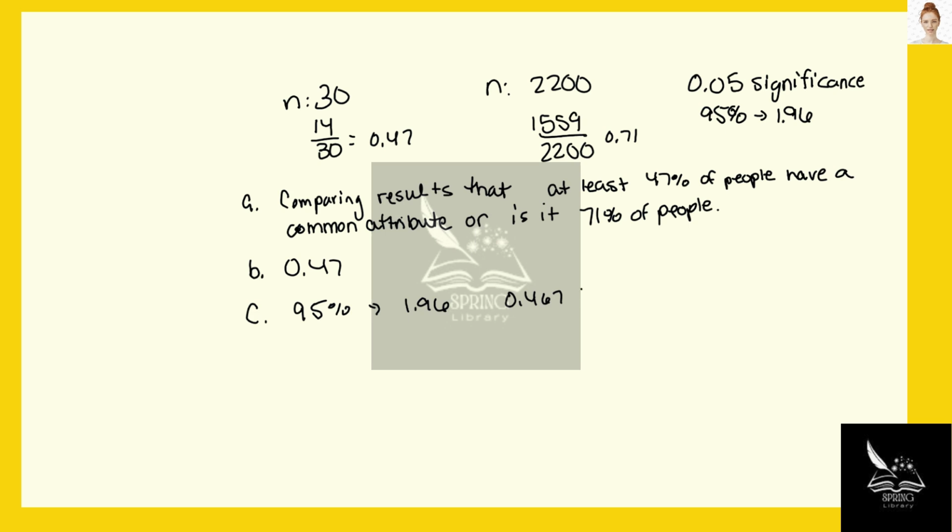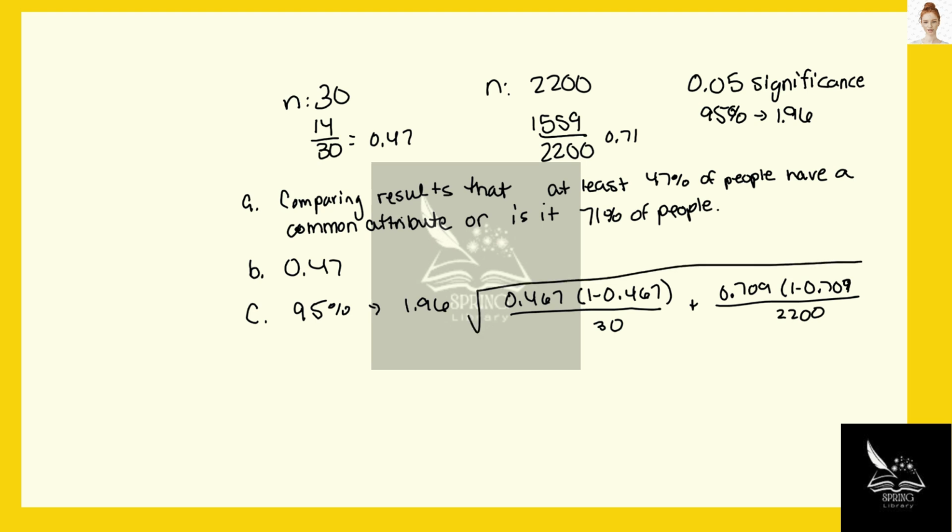And then we're going to times that by 1 minus 0.467, divided by 30, and add that to 0.709 times 1 minus 0.709, divided by 2,200. And I'm finding the square root of that.